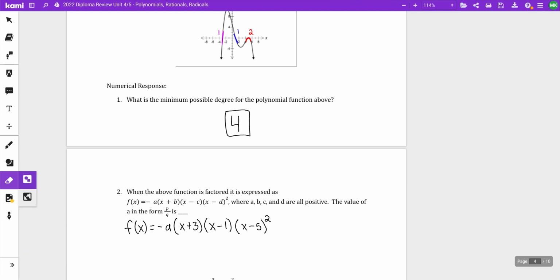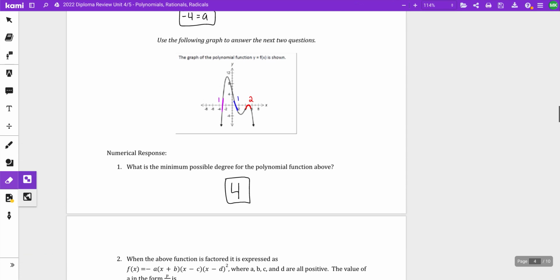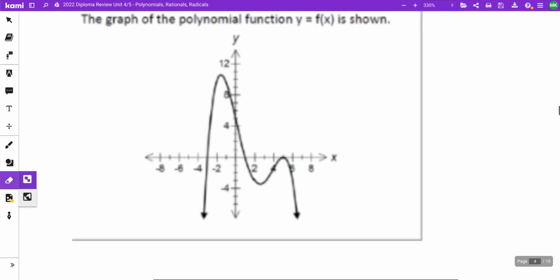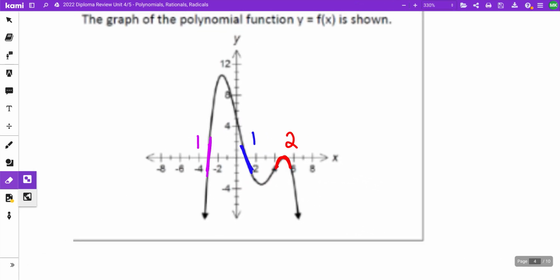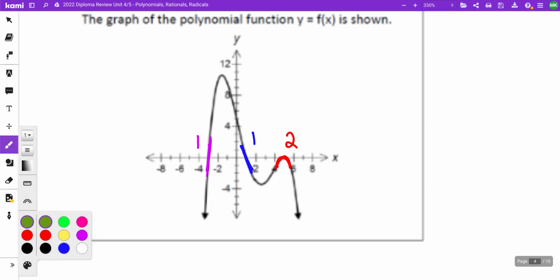My goal now, find an a value for that function. To find your a value, you need a random point from this graph. Let's go with this guy right here. It's typically the y-intercept. That's at 0, 5. We'll label it.